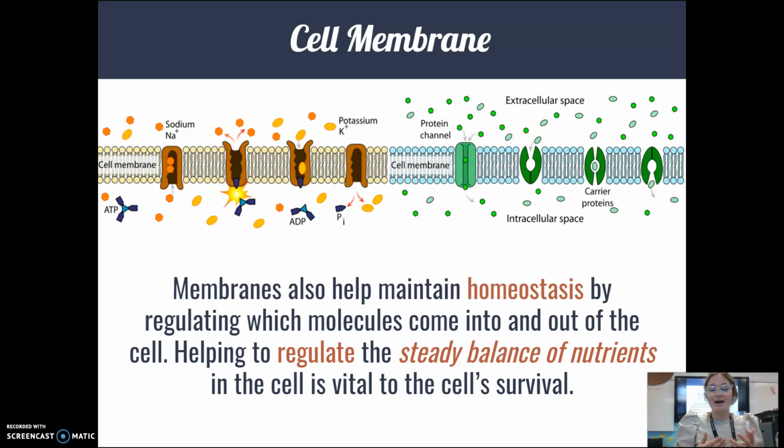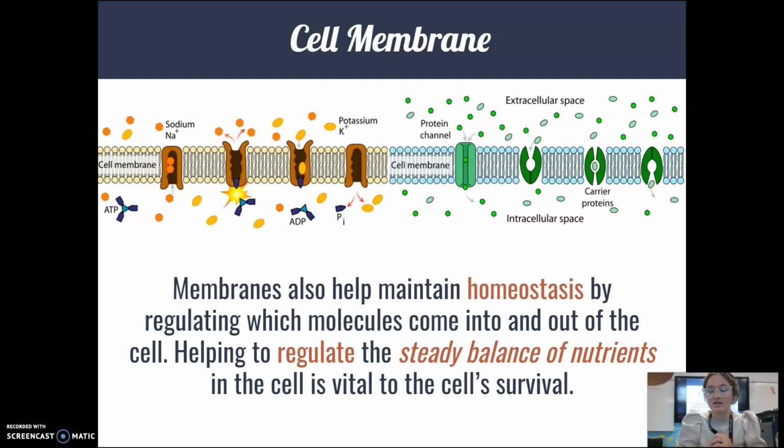So in order to be considered living, remember you need to be made of cells, be able to reproduce, have genetic material, have a steady metabolism, and having that metabolism goes hand in hand with being able to maintain a steady balance, which is homeostasis.